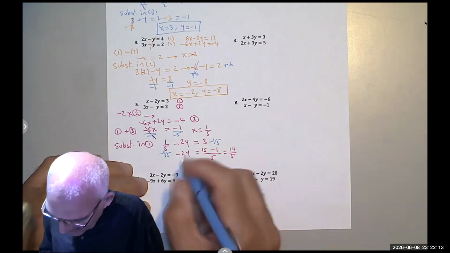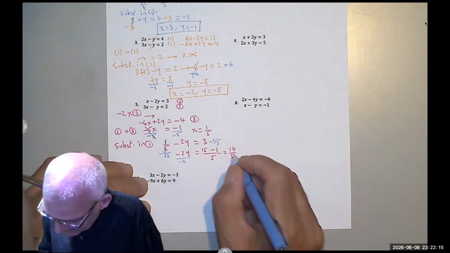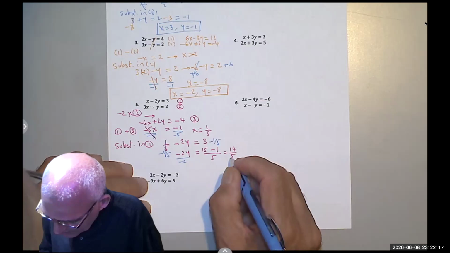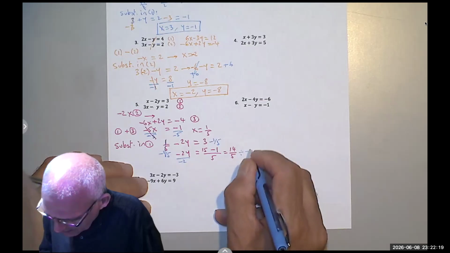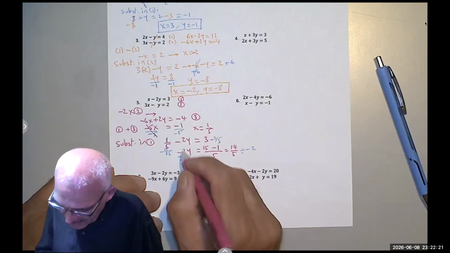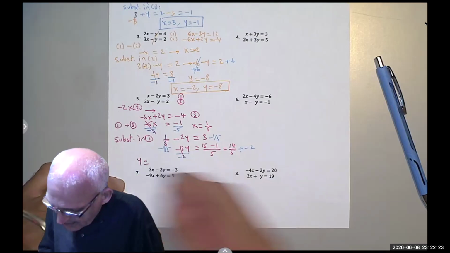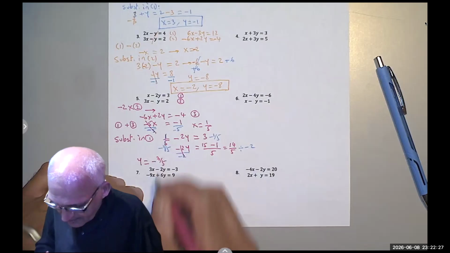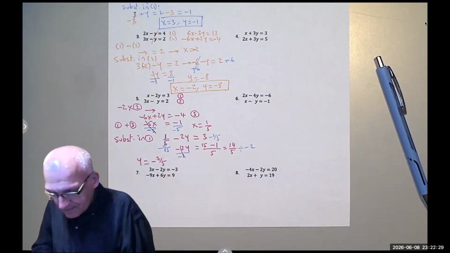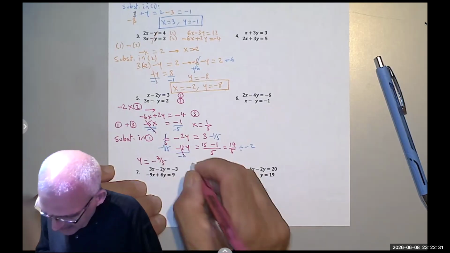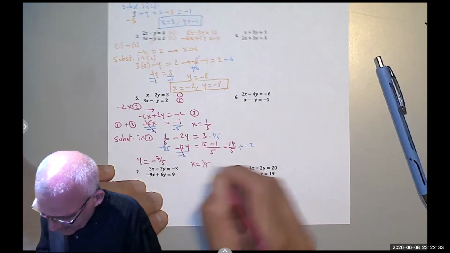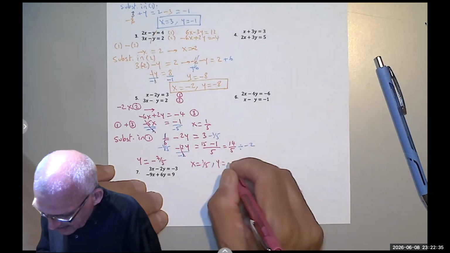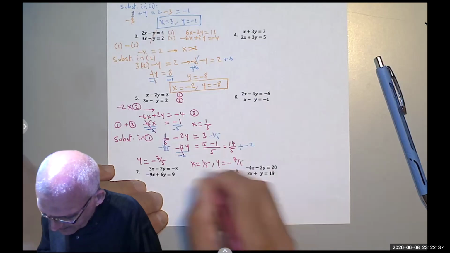And finally, I divide right and left by -2. This becomes y and that becomes negative 7/5. So x equals 1/5, y equals negative 7/5.